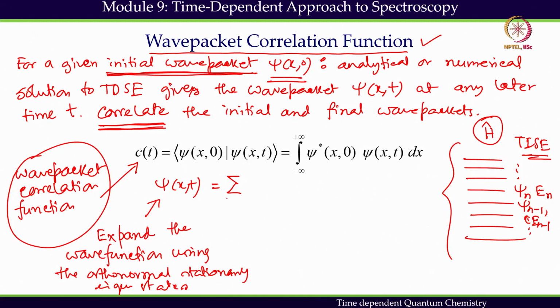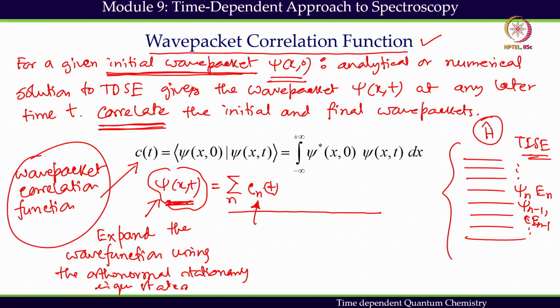If we expand it, we know that it is going to be with the expansion coefficient Cn, which means that at time t this is a non-stationary wave function. This non-stationary wave function is represented using a linear combination of stationary wave functions. And which stationary state contributes the most at time t is controlled by this Cn.